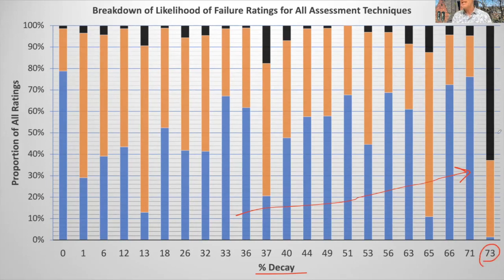And not surprisingly, again, 50, 60 something percent of people assigned it a probable likelihood of failure. Whereas at the other end, these are trees that showed no decay on the tomogram. Almost 80% of the people who assigned the likelihood of failure ratings came up with an improbable likelihood of failure rating. And again, in a general sense, that's what you'd expect.